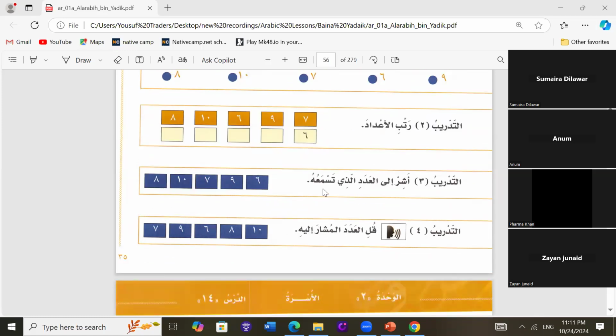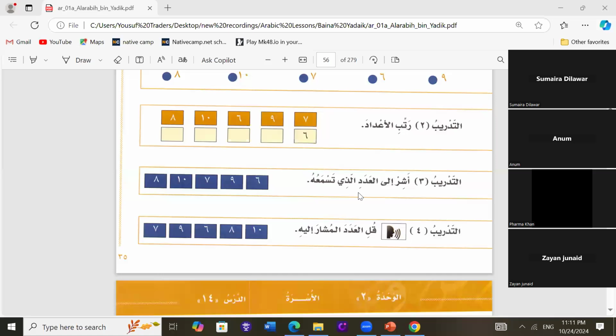Then ishir ila al-adadil-ladhi tasma'u, where you have to listen and mention which number I am saying. Like I would say, where is the number 7? So you will mark here. You will check this out, that this number is 7, this number is 8.